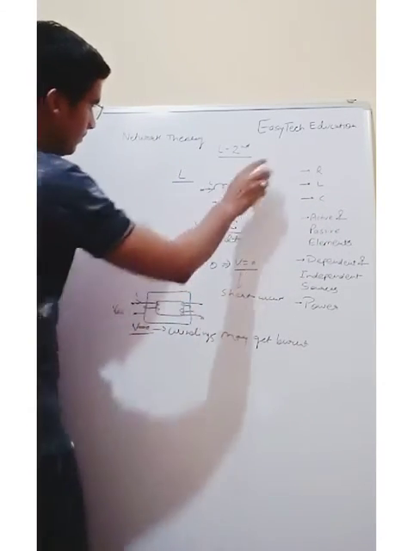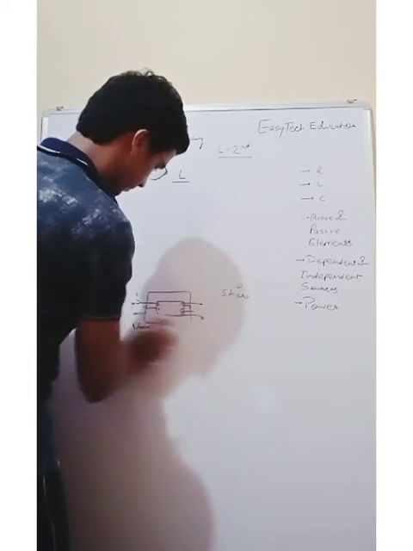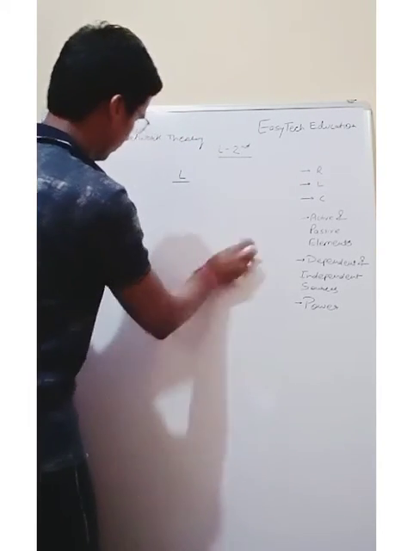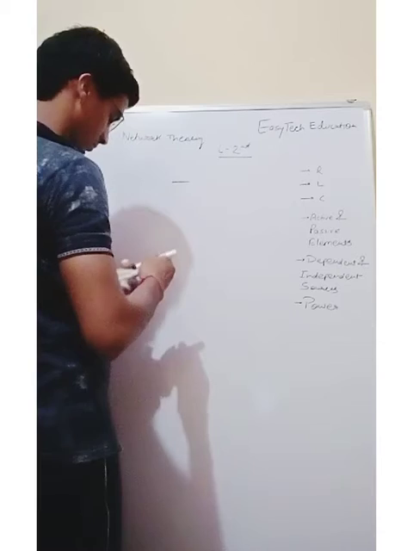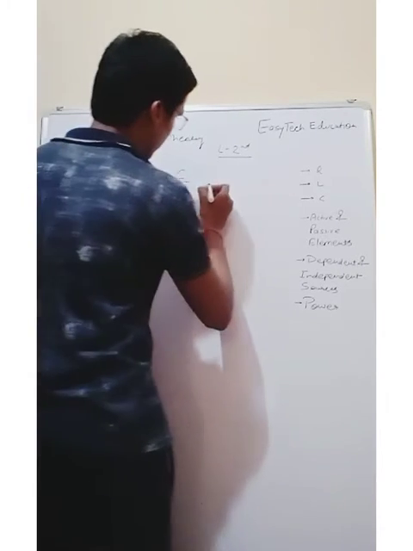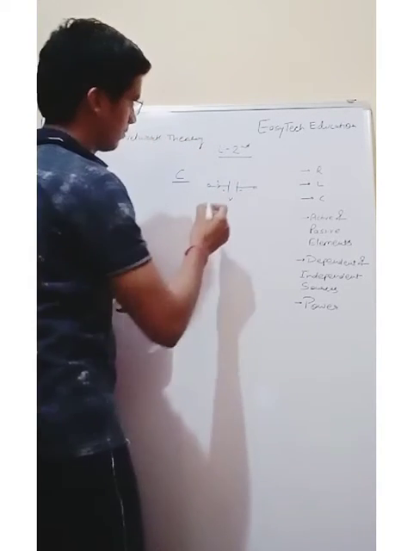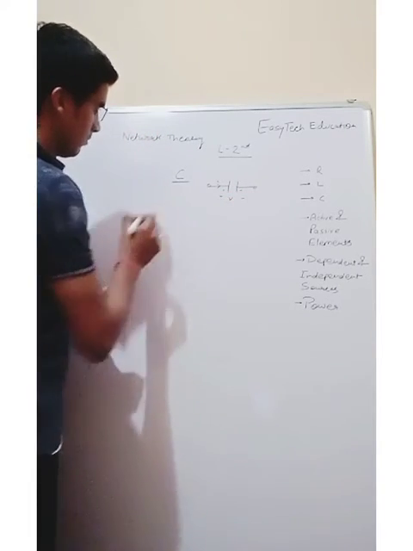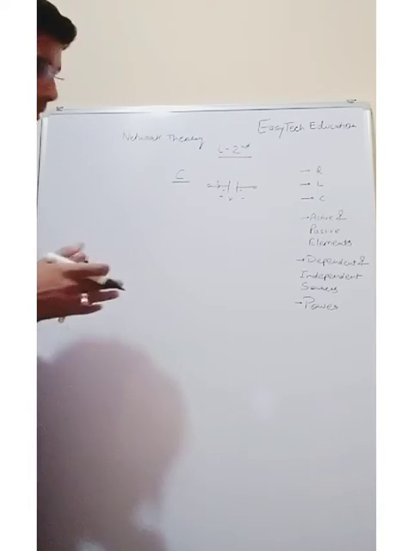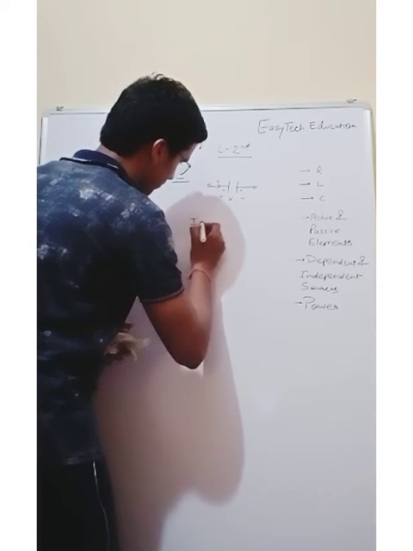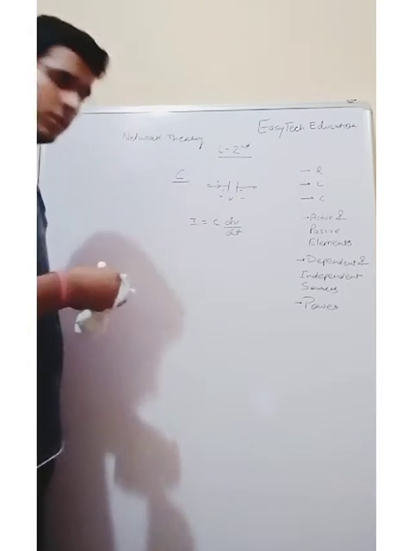Now we will discuss C. The relation between voltage and current for a capacitor can be written as I is equal to C dV upon dt.